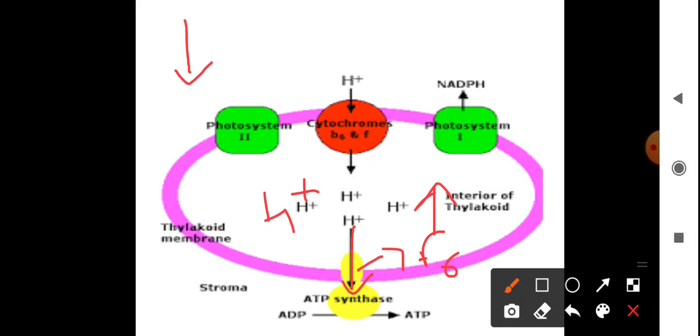The other portion is known as F1, and it protrudes on the outer surface of the thylakoid membrane on the side that faces the stroma. The breakdown of the concentration gradient provides enough energy to cause a conformational change in the CF particle of the ATP synthase, which makes the enzyme synthesize the energy molecule ATP.